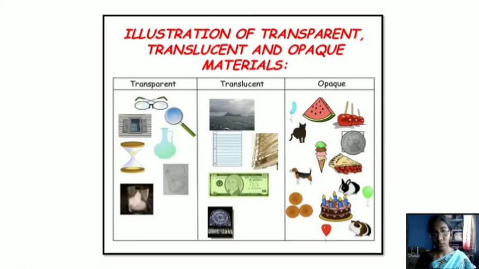The second is translucent materials. For example, paper, currency, and some tissue papers. All the materials which allow light to pass only partially are called translucent materials. And opaque materials are those which do not allow light to pass through. Any hard materials which do not allow light to pass through are categorized under opaque objects.